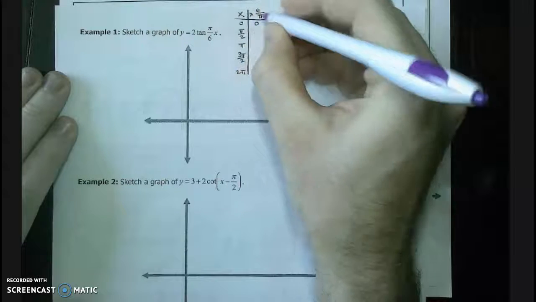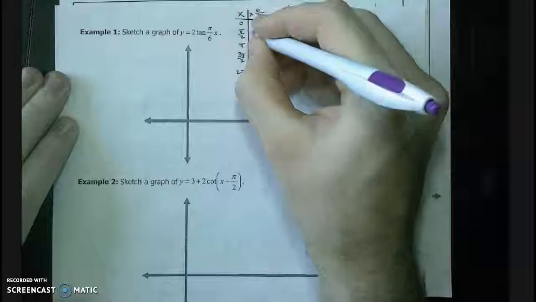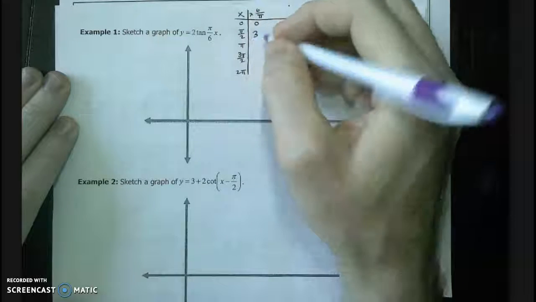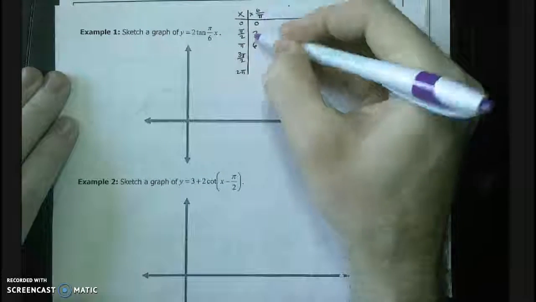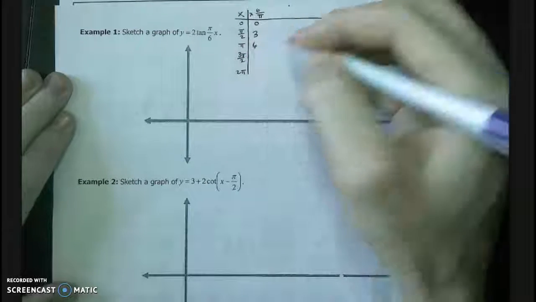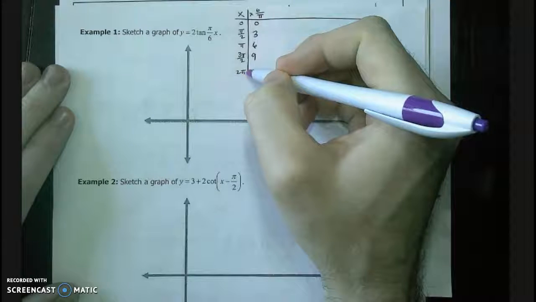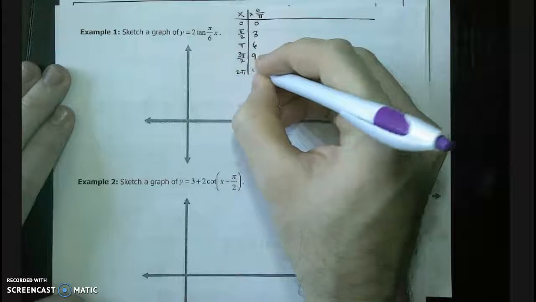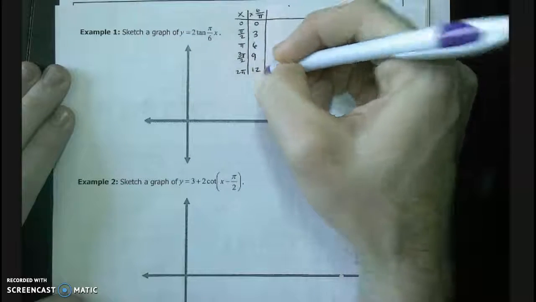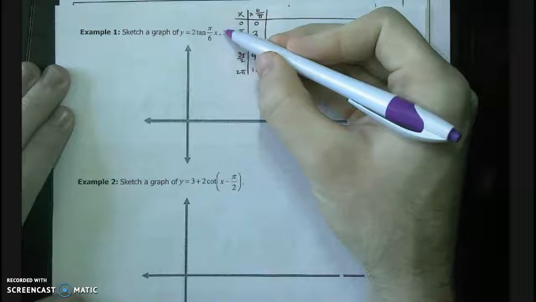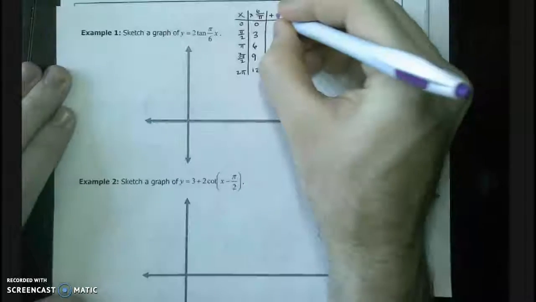It's going to be 0, 6 pi over 2 pi, which reduces to 3, 6 pi over pi, which reduces to 6, 18 pi over 2 pi, which reduces to 9, and then 12 pi over pi, which reduces to 12. Then we see there's a -0 on the x, so we're going to add 0 to all those.